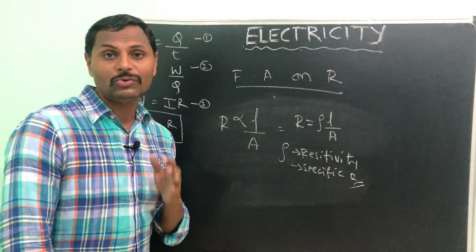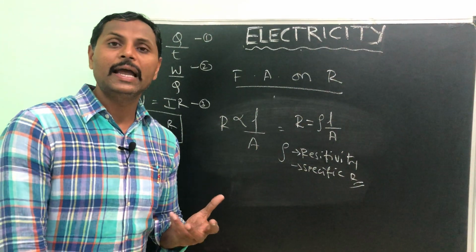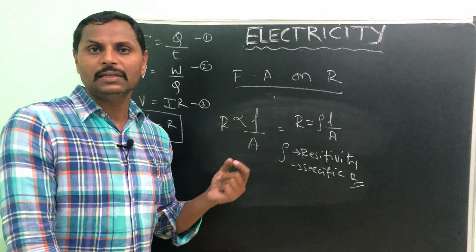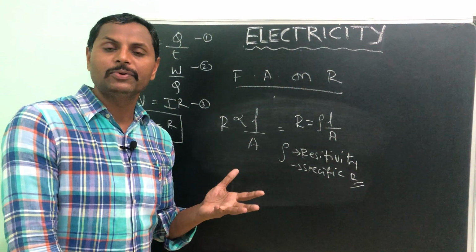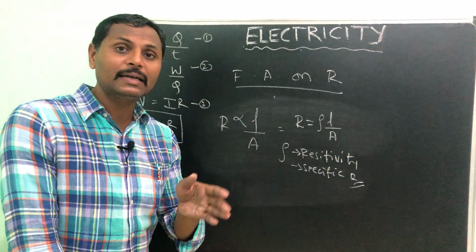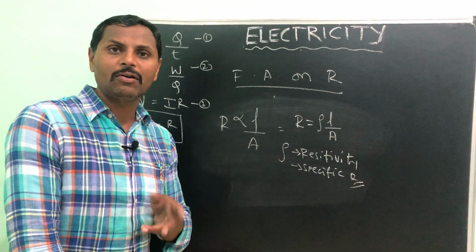Some materials will show more opposition. For example, an alloy will show more opposition, whereas pure conductors will not show as much opposition. Even among pure metals there will be a lot of difference.